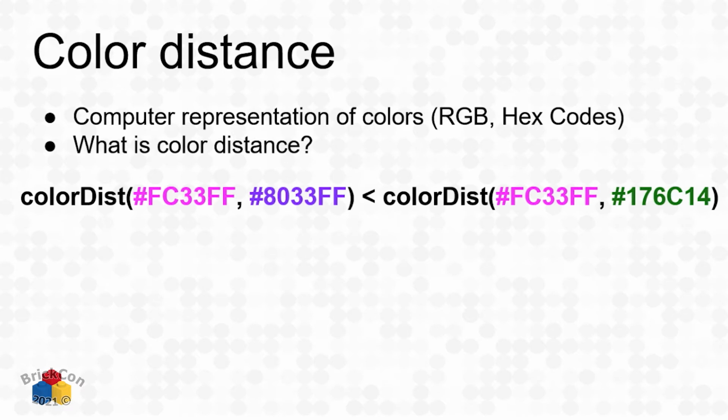Okay, so the first concept we're going to cover is color distance. What is color? It's a very interesting question. On the most basic level, color is just different wavelengths of light. Growing up, as school children, we were told that color is made up of the three primary colors, red, blue, and yellow.